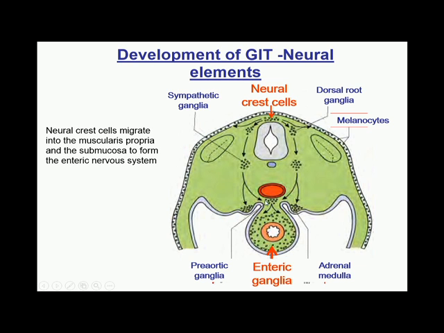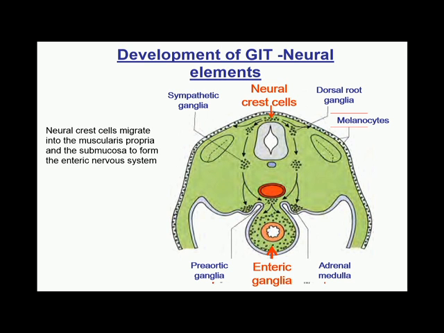Some of these cells terminate in front of the aorta in relation to the main branches in the abdominal aorta, and they give rise to a set of ganglia: the celiac ganglion, superior mesenteric ganglion, and inferior mesenteric ganglion. These three ganglia are important in the innervation of the GIT.